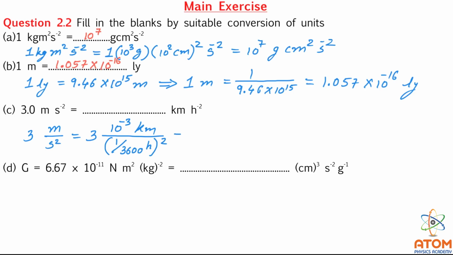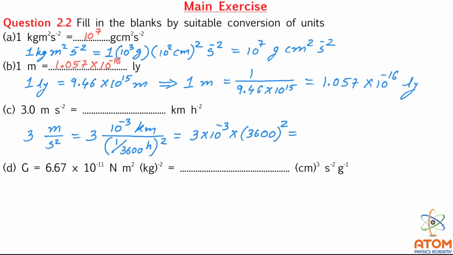So solving this, we can write 3 into 10 raised to minus 3 multiplied by 3600 whole square, this many kilometer per hour square.